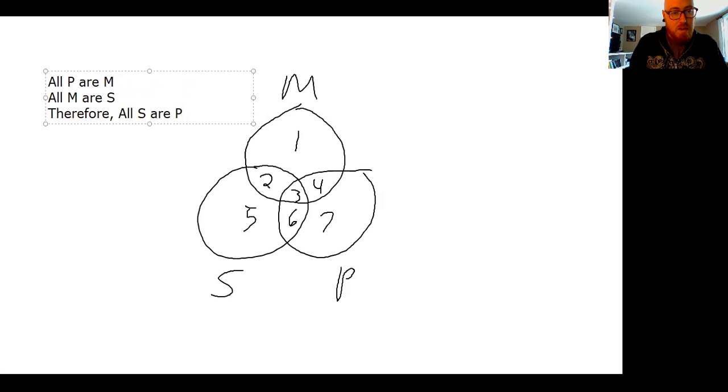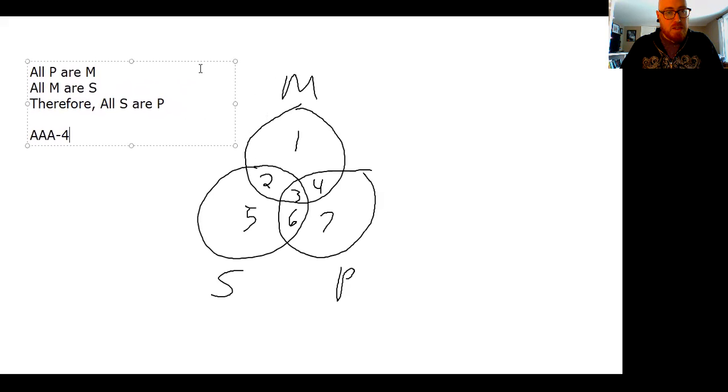All P are M, all M are S, therefore all S are P. So the mood and figure of this would be an A4. All P are M, all M are S, therefore all S are P.